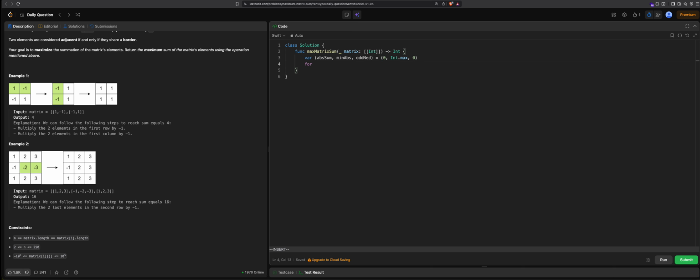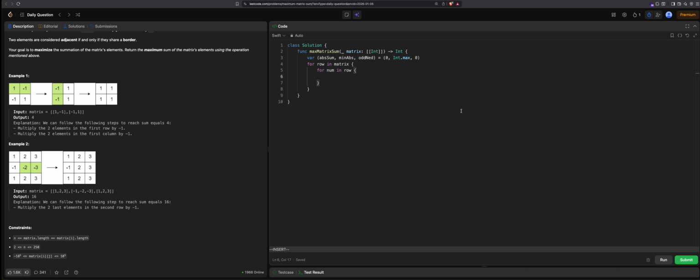To iterate through this, I'm going to loop through the matrix. So we get a row, and for number in row, we go through 0,0, 0,1, 0,2, and so on, row by row, through the index from 0 till the end.